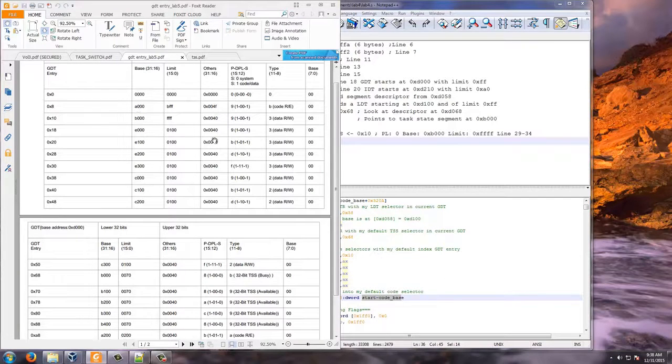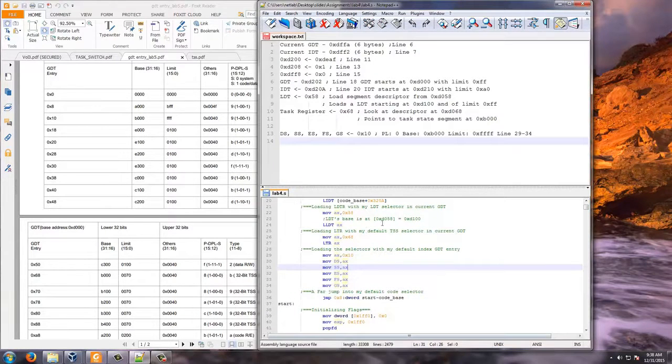What is the 8? The descriptor 8 starts at 8000. So 8000 plus the total number of bytes consumed by this to this will be nothing but this address. So when I do this jump 0x8 colon start minus code base, I actually jumped into this instruction, but what I have achieved is my code segment now will be a different code segment.